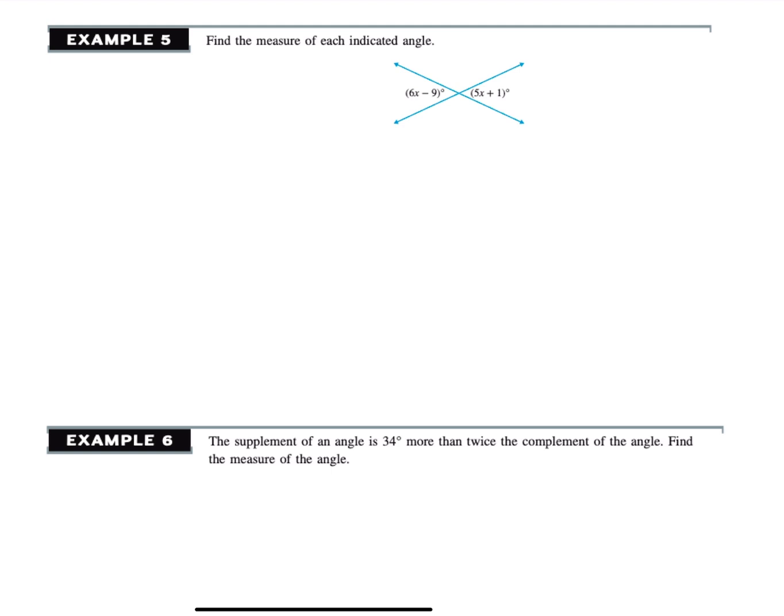So I'll just say angles across from each other. In an intersection like this, an intersection of two lines, these angles are equal to each other.